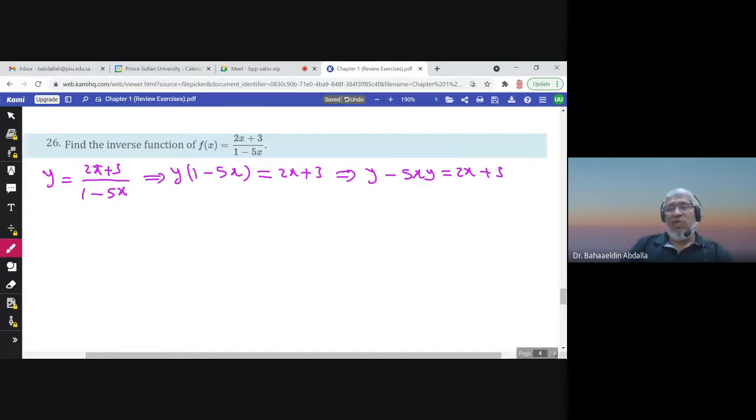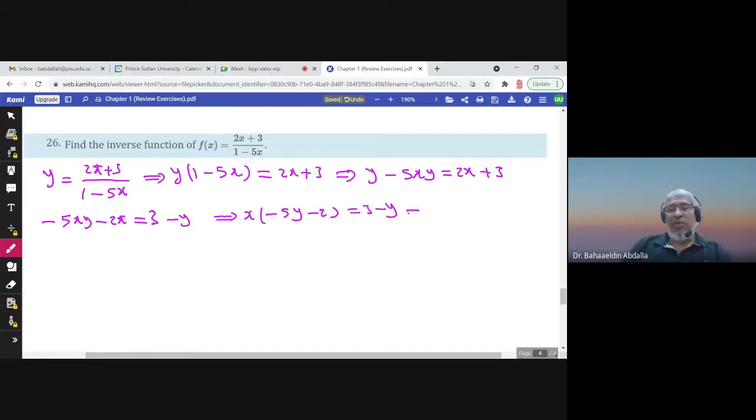Now to solve this equation for x, take all terms with x on one side. So with negative 5xy already here, I bring 2x to this side, so it would be negative 2x. And the terms without x, you take to the other side. So y, I'll take it to the other side. So now I have two terms with x in them. So I take x as a common factor. So I'll have negative 5y minus 2, and here 3 minus y.